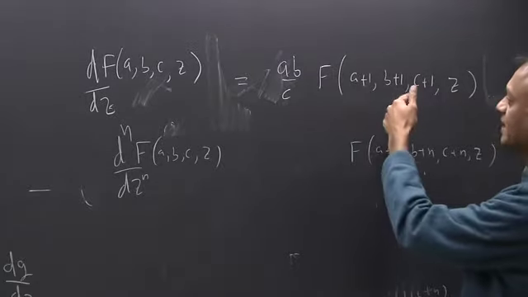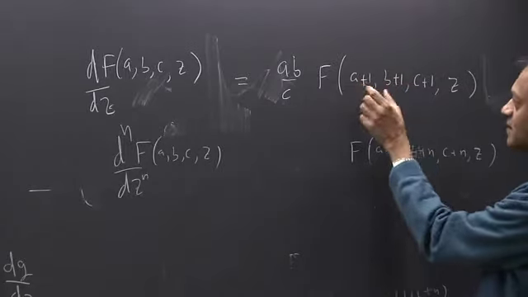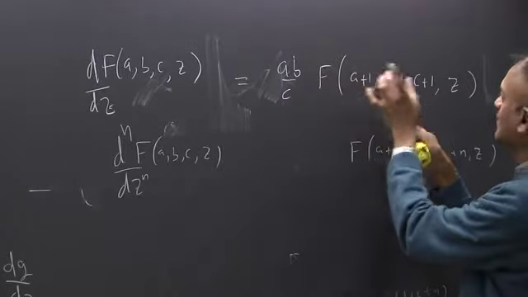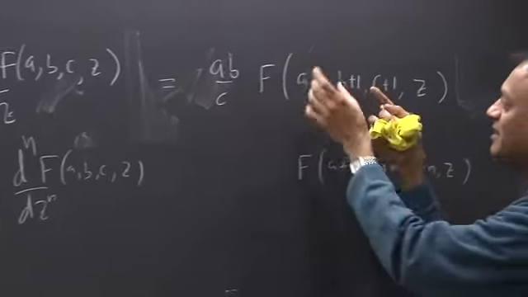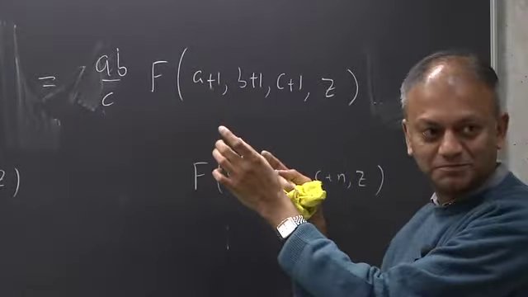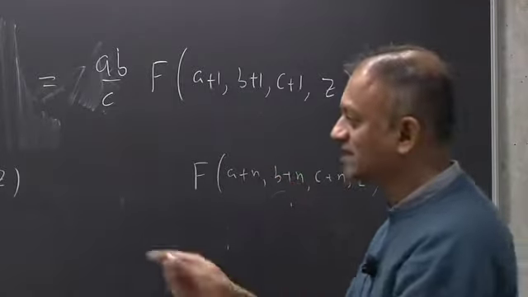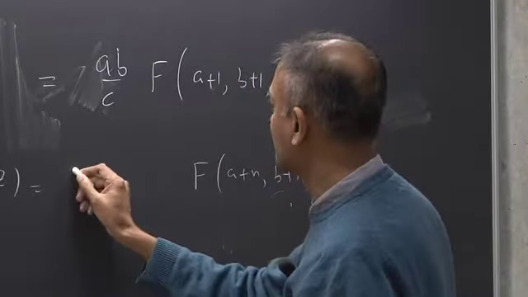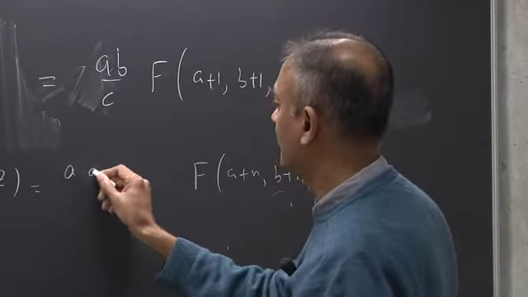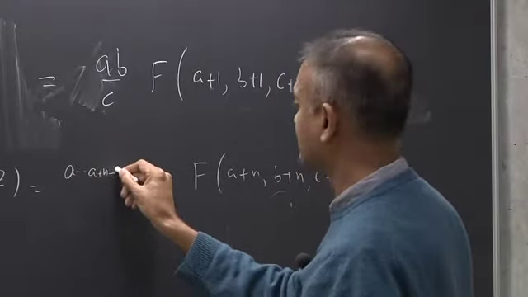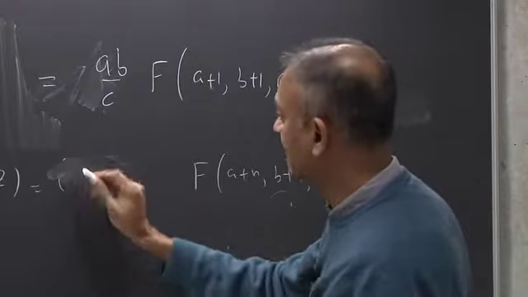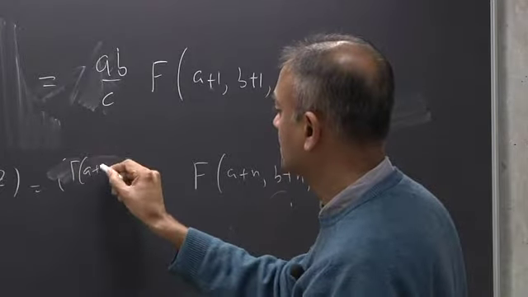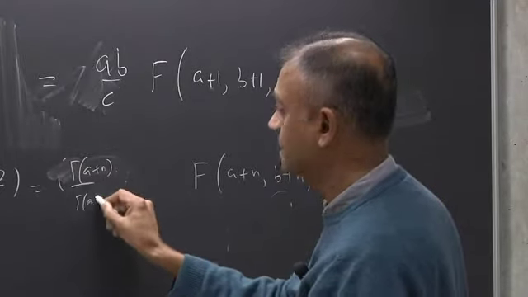So next time when I take a derivative, this constant will be a plus 1 times b plus 1 divided by c plus 1, right? The next time it will be a plus 2, b plus 2 divided by c plus 2. So this is going to become the product a up to a plus n minus 1, which is actually gamma of a plus n divided by gamma a.